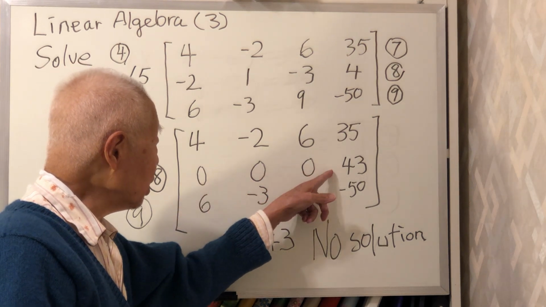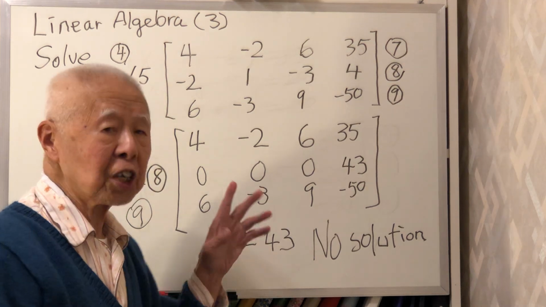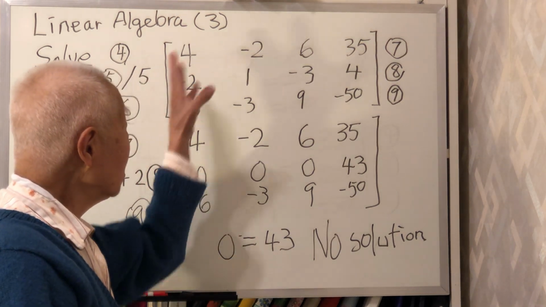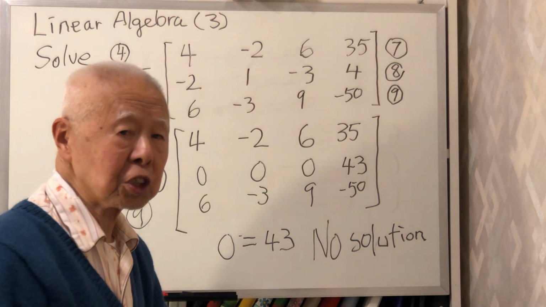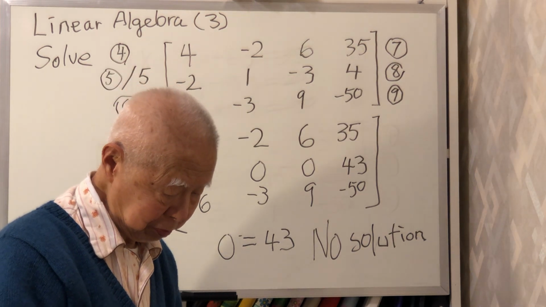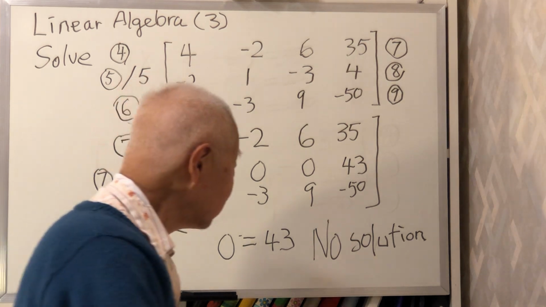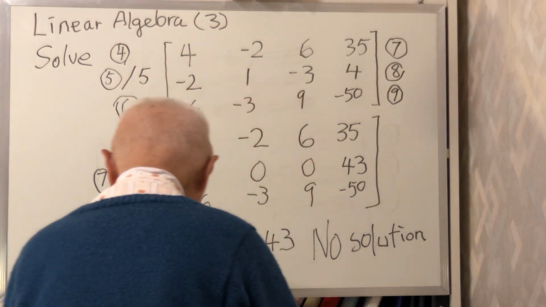Zero equals 43 is not true. Therefore, this system of equations has no solution. Okay, so that's this problem.